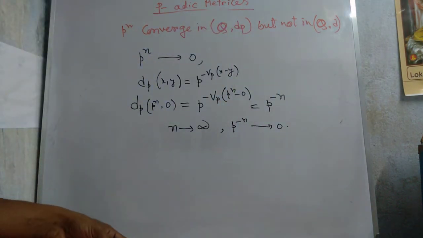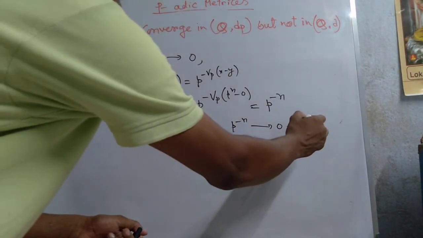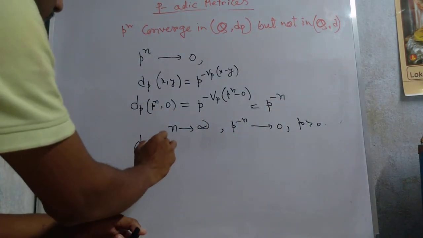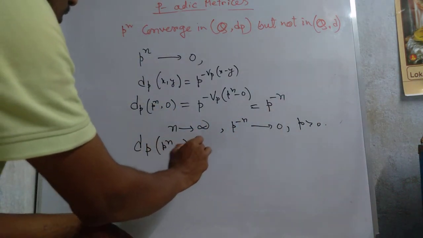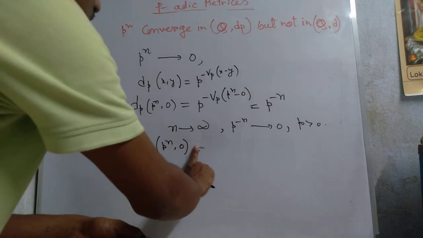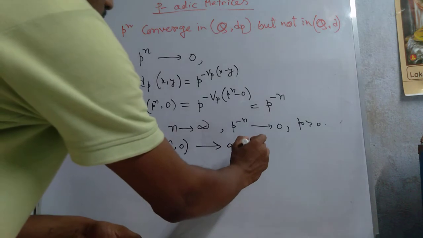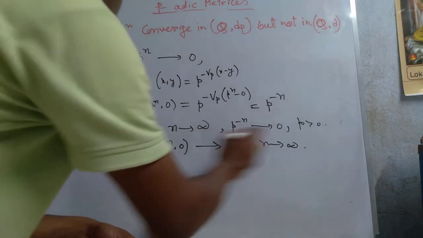Okay, if p is obviously greater than 0, a prime, then d_p(p to the power n, 0) obviously tends to 0 as n tends to infinity. Not a problem at all.